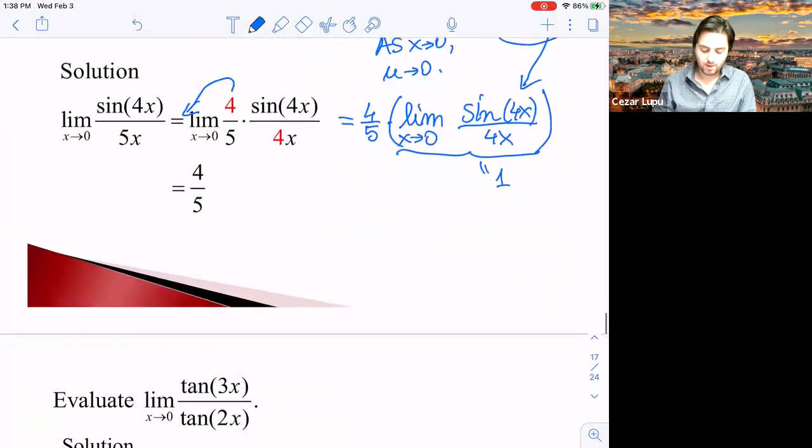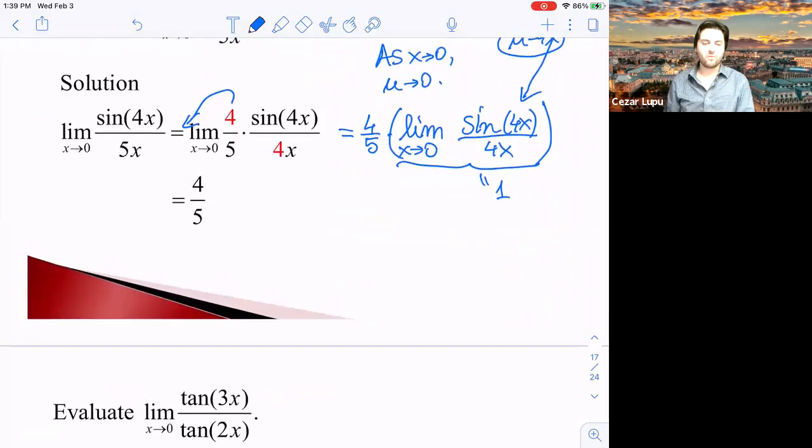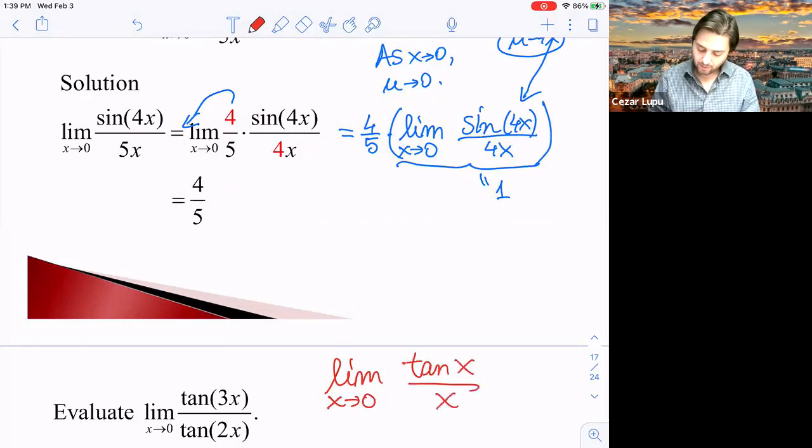Okay, here we go. What if we have tangent? Maybe I didn't mention here, but the same thing goes for tangent. Let me write this. The limit as x approaches 0 of tangent of x over x will be 1.